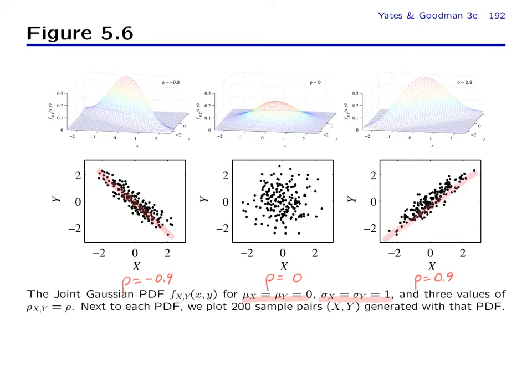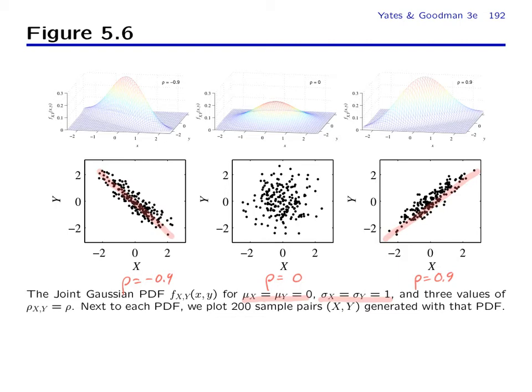Here we see the positively correlated pairs. And in the middle, we see XY pairs with no correlation at all. And then corresponding to these clusters of XY pairs, above it, we have the joint PDF that generated those pairs.